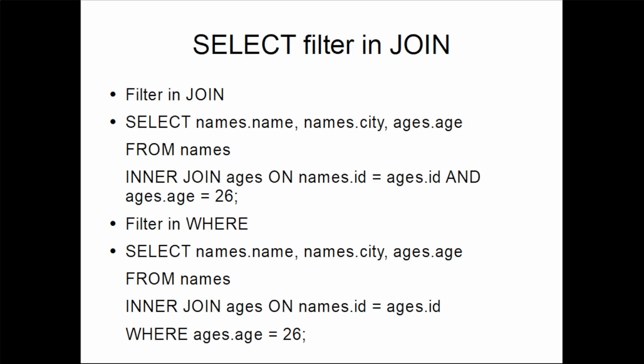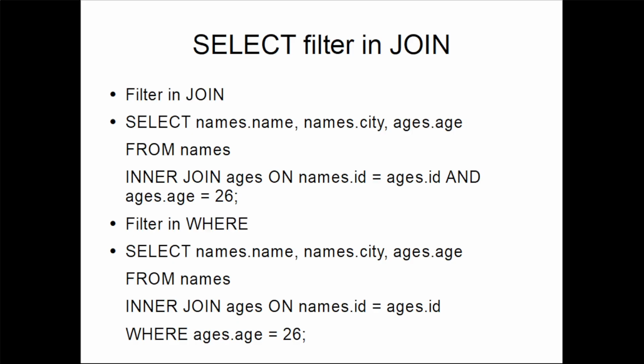For example, if only Alice has age 26 in the ages table, the output will show just her record, like Alice, New York, 26. Non-matching rows are filtered out before the join completes, keeping the dataset small from the start.